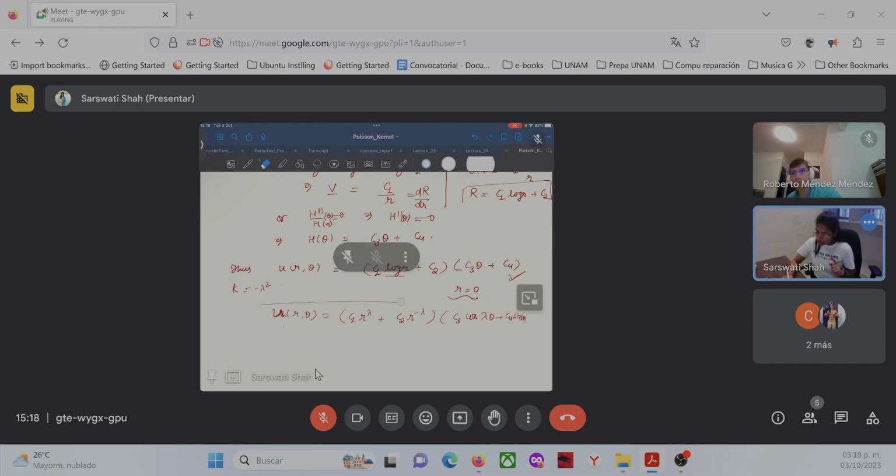Now, keeping in mind that r equals 0 is inside the circle, this term is going to be unbounded as soon as r approaches 0. So we have to take the coefficient C2 equals 0 to make it a bounded solution.